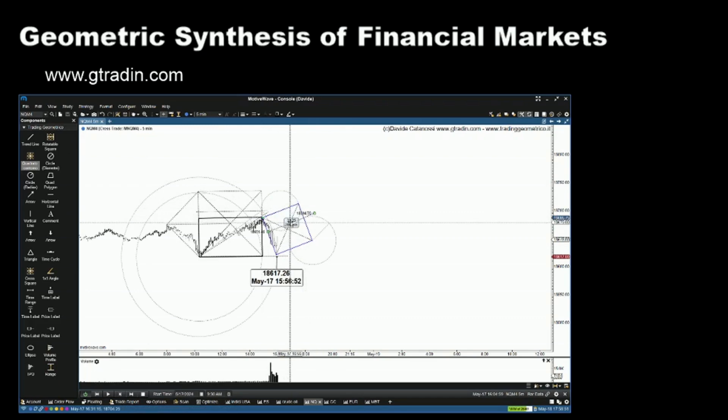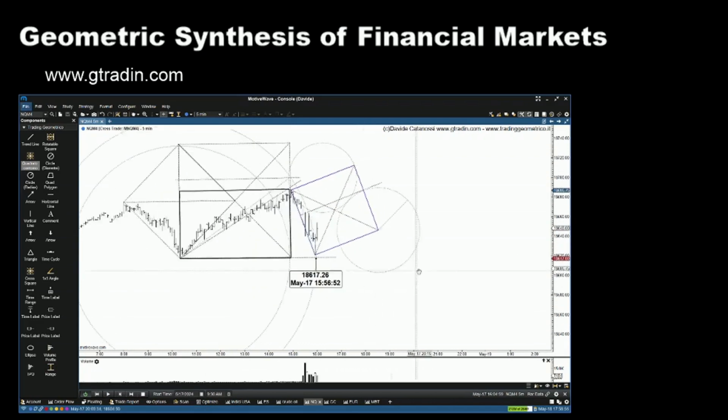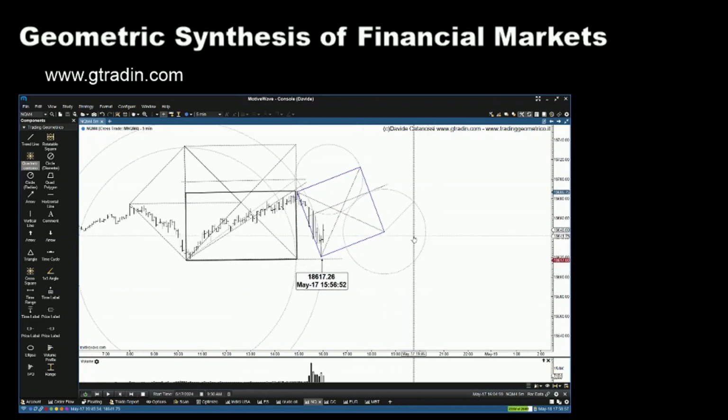Maybe normally they are difficult to visualize because perhaps there is not enough preparation, there is no knowledge of the mathematical relationships that follow the markets, and which I have described precisely in this way since 2016 in the book Trading Geometry.